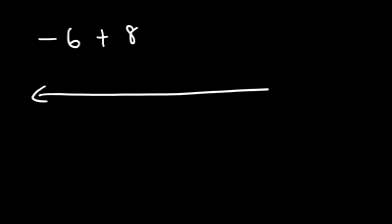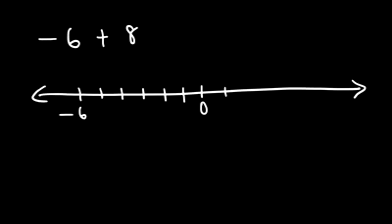Now it's your turn. Add these two numbers. Negative 6 plus 8, using the number line technique. You can start with 8 or you can start with negative 6. Let's do it both ways. Let's start with negative 6.